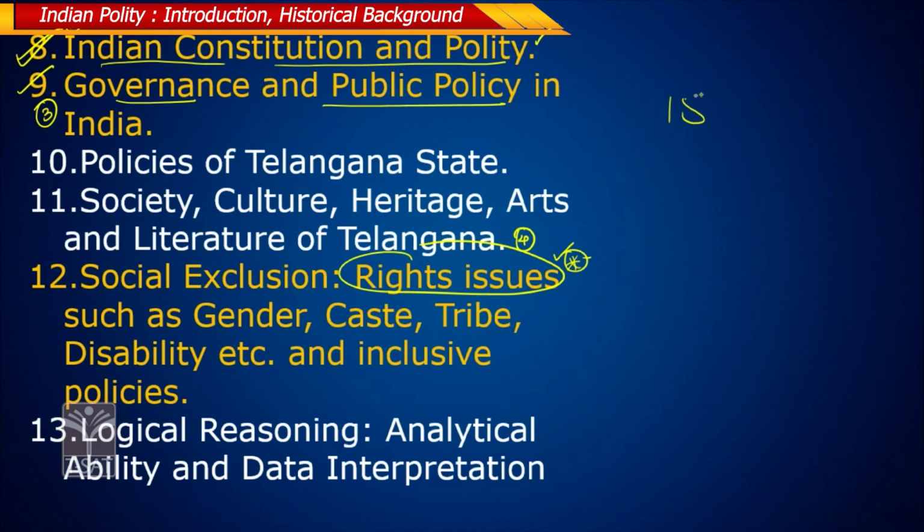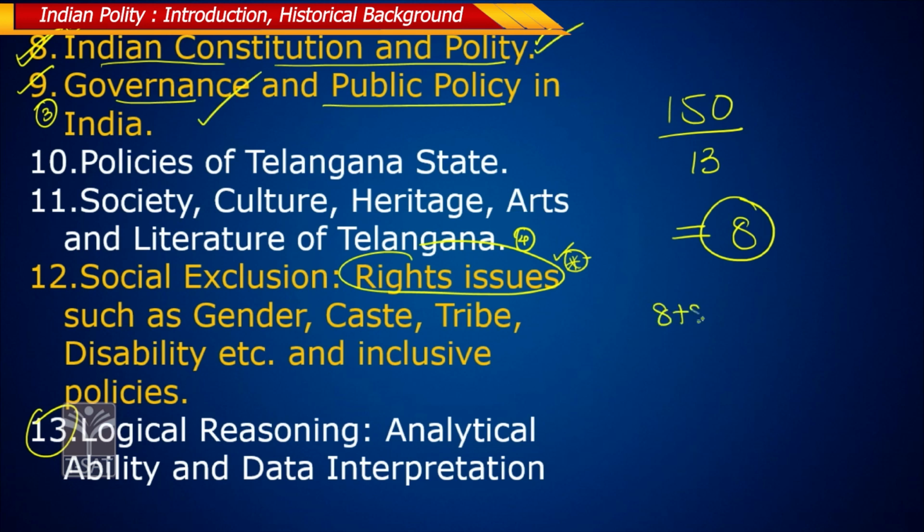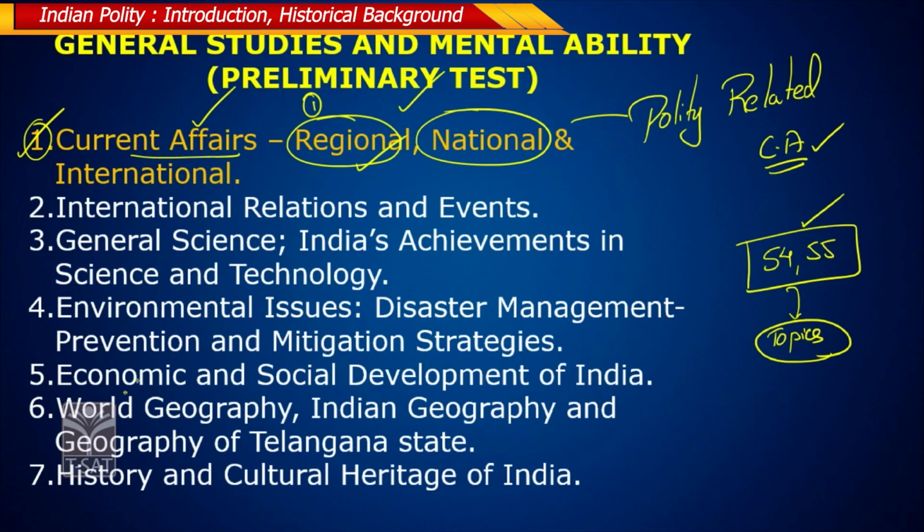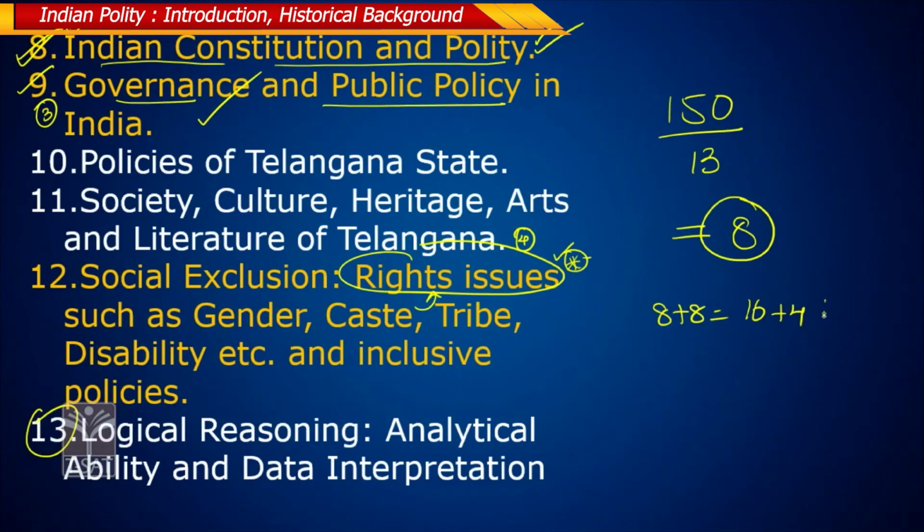We have 150 questions divided by a total of 13 topics, right? So, minimum 8 questions per topic. We have 8 here, so 8 plus 8, that is 16, and this is a subtopic, so I will take only 4 questions, and even current affairs is a subtopic, so I will take 4 questions.